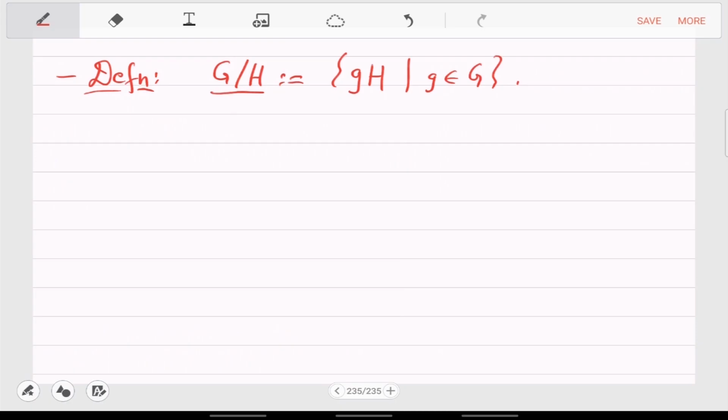Or is everything covered? Yes, exactly. So you understand the definition then. So let's note that the union of all these subsets is everything.